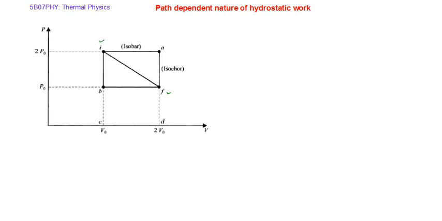So three different paths are shown here. The paths have been taken simpler, represented by some straight lines here to make our calculations easy.